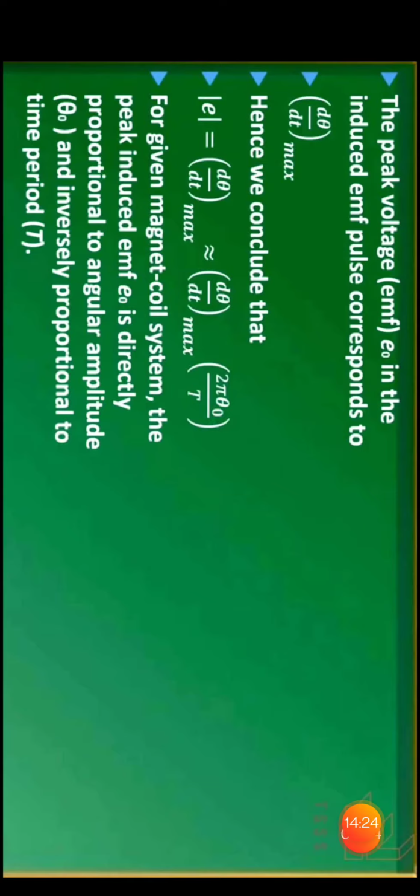Hence, we conclude that mod of E, that is E0, is approximately equal to dθ upon dt max, which is 2πθ0 upon T. For a given magnet-coil system, the peak induced EMF E0 is directly proportional to the amplitude θ0 and inversely proportional to the time period capital T.